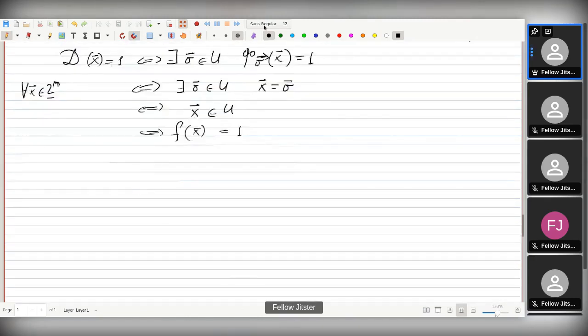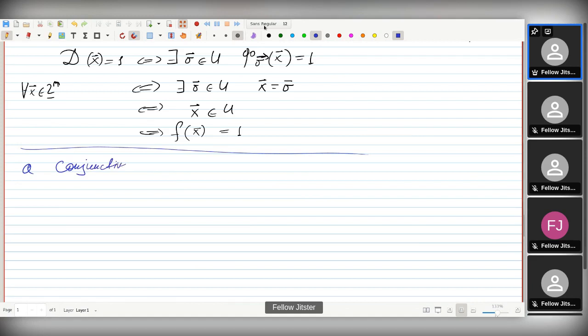What is CNF? A conjunctive normal form. It is a dual concept. It is quite a widespread idea in computer science, so please pay some attention to it. A conjunctive normal form.